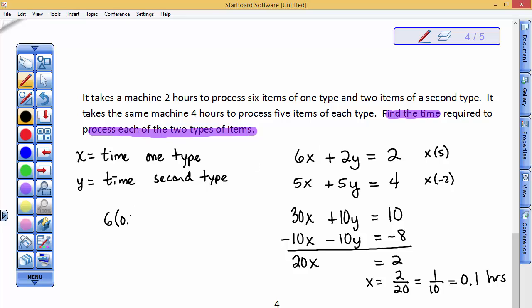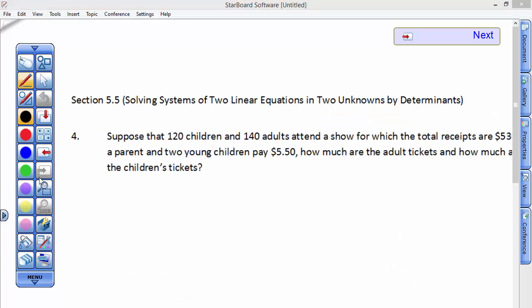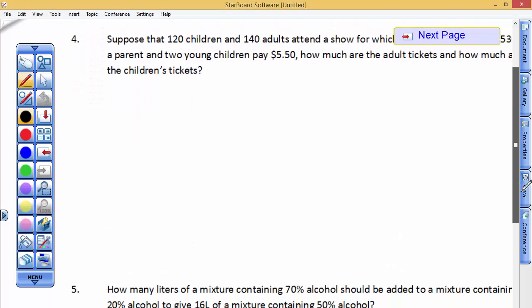So 6 times the 0.1 plus the 2y equals the 2 in order to solve for y, and we'll subtract 0.6 from both sides, and we'll have a 1.4 over here, and when you divide that by 2, it looks like y equals 0.7 hours for type Y to process.